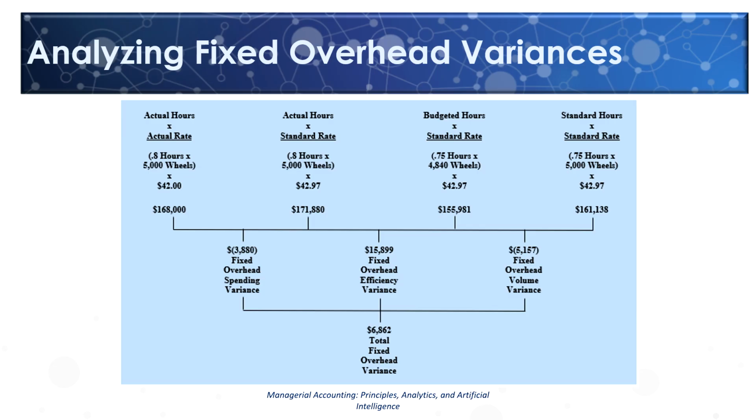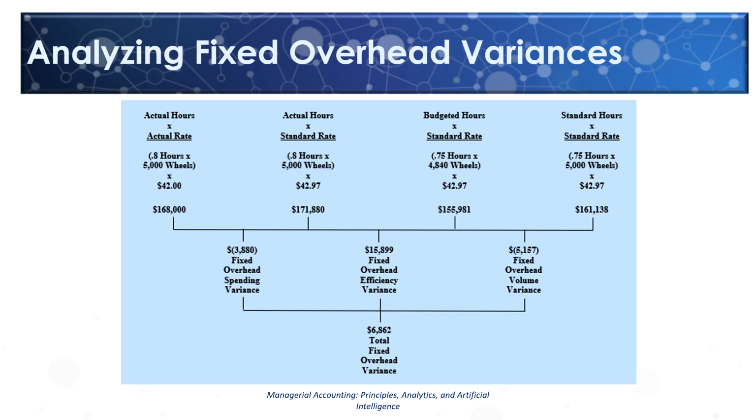What we've allowed to change is the hours and the number of wheels produced. In this case, now we have more hours that we have consumed than we budgeted for. Since our actual hours are driving a higher cost, we have a negative or unfavorable fixed overhead efficiency variance.